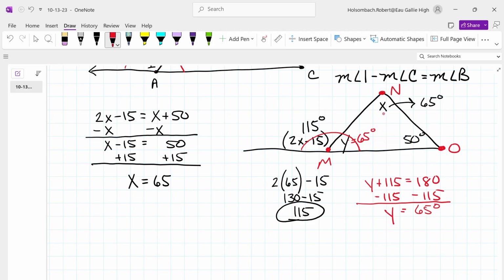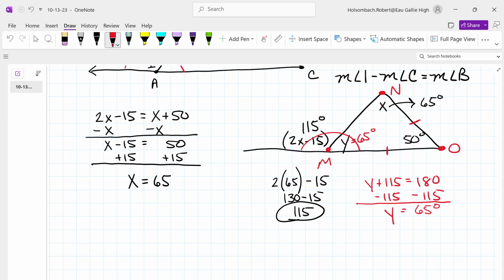In a triangle with two congruent angles, the sides opposite of those angles are also congruent. So that means this side right here, NO, is congruent to the side MO, because those angles are 65 degrees each.